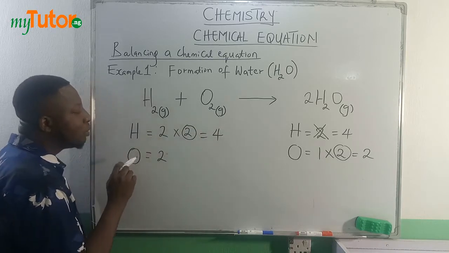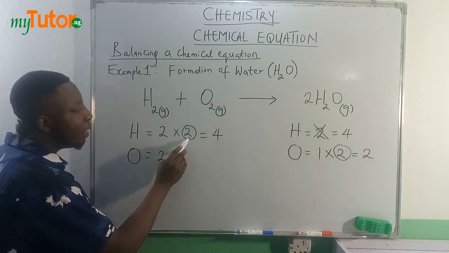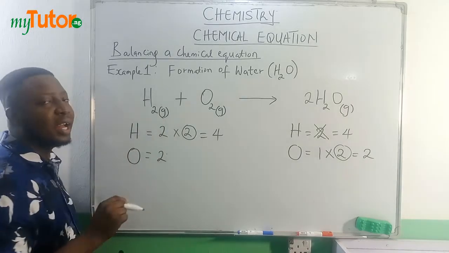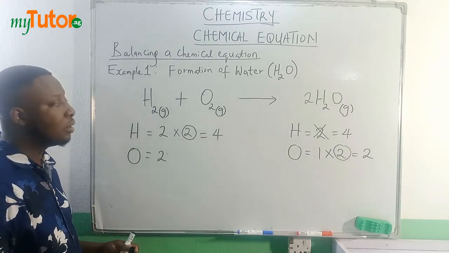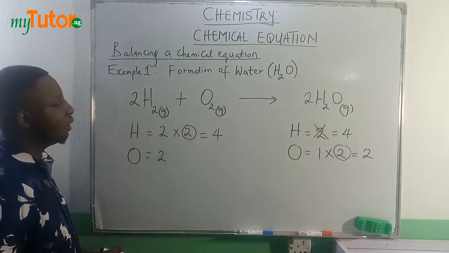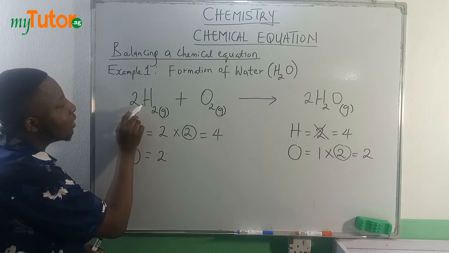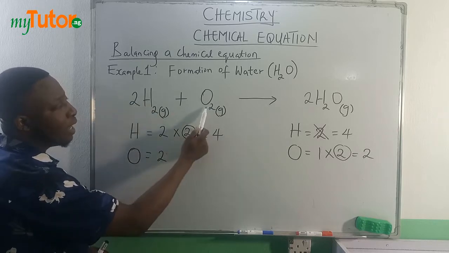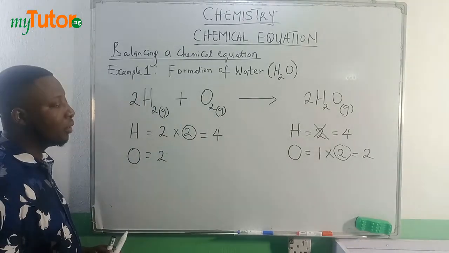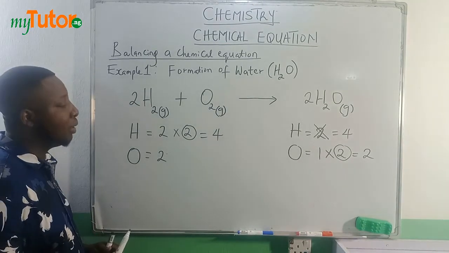So because we multiply our hydrogen atom by 2, we will put this number 2 in front of where the hydrogen atom is. So this number 2 will be placed in front of the hydrogen molecule. So this hydrogen 2 is only affecting the hydrogen molecule. It's not affecting our oxygen molecule. So we need to check again to see if the equation is now balanced.